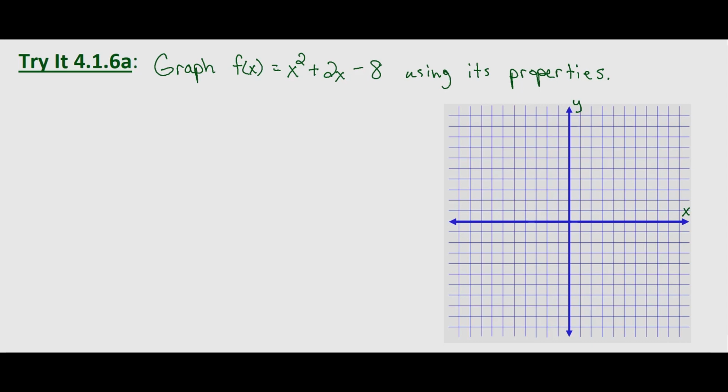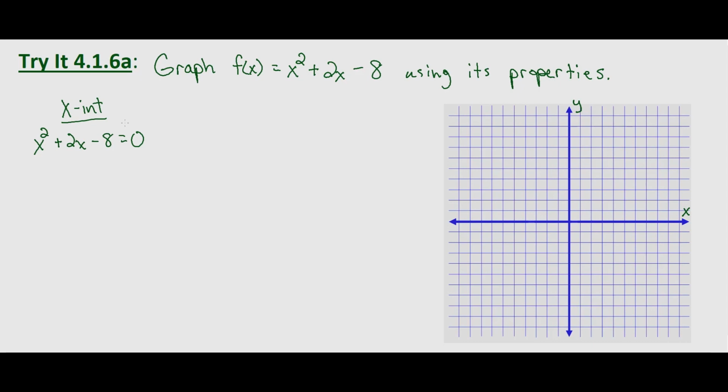So we'll start with our x-intercept. And again, remember the x-intercept is when y equals 0. So x squared plus 2x minus 8 equals 0. Will that factor? Are there any two numbers that multiply to negative 8 that add to 2? There are.